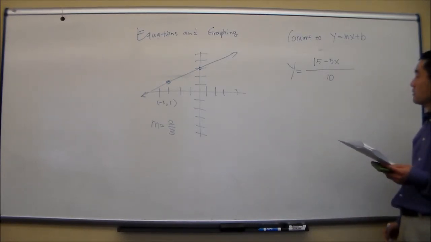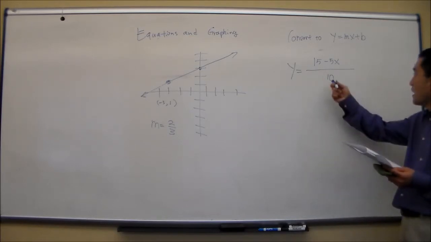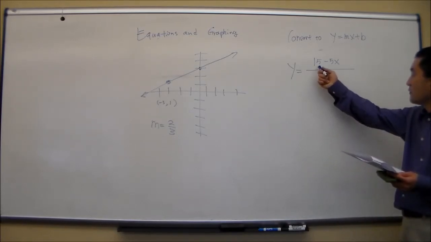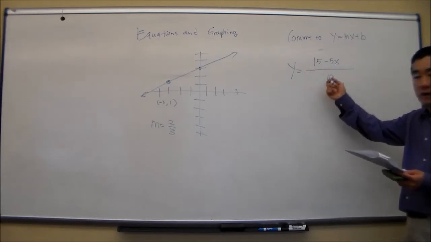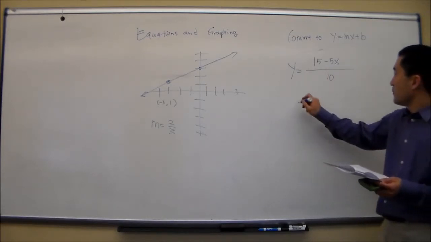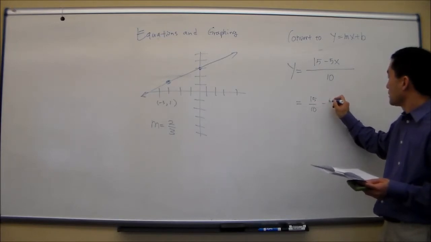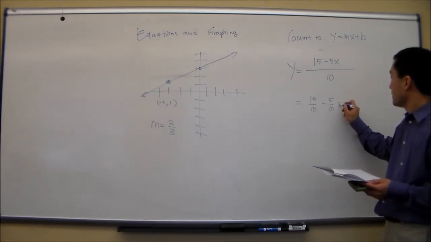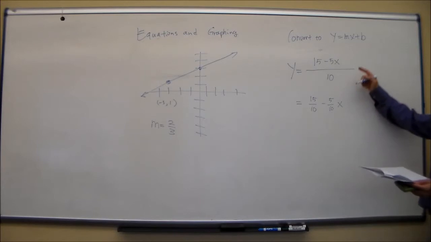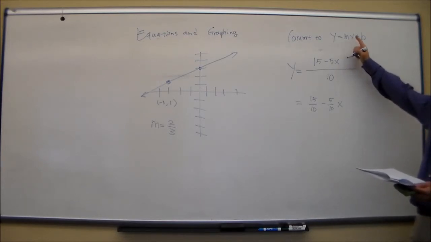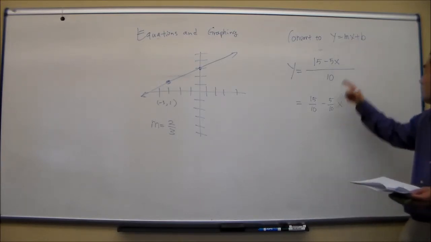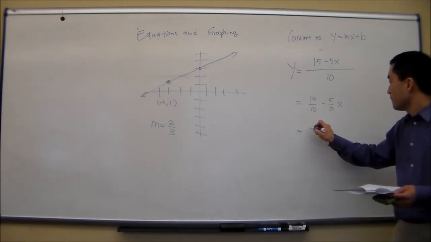If you remember something about the fraction, this 10 is common to both this 15 and -5x. So let's split them up. 15/10 minus 5/10. Kind of getting close because I want the order to be x first and then the slope, or the intercept. So let's flip this.